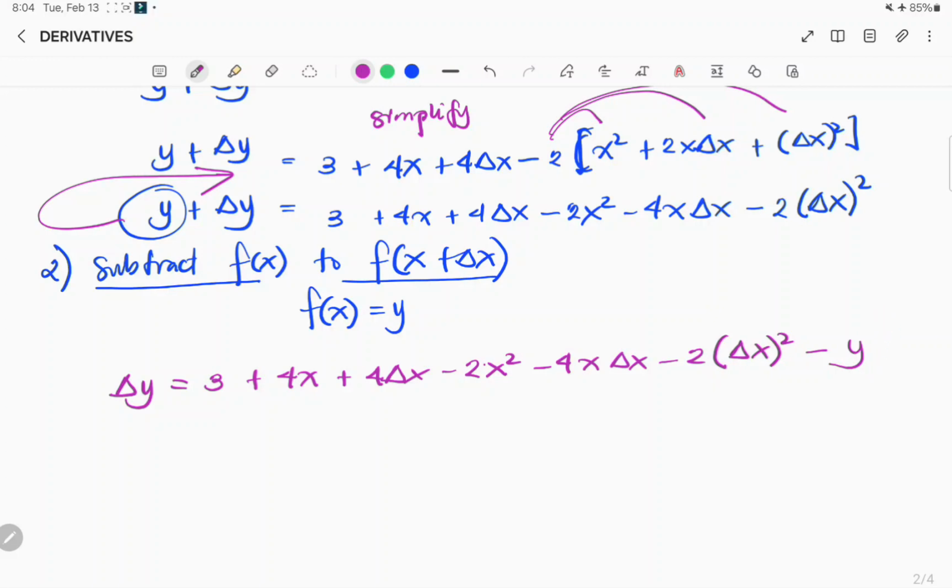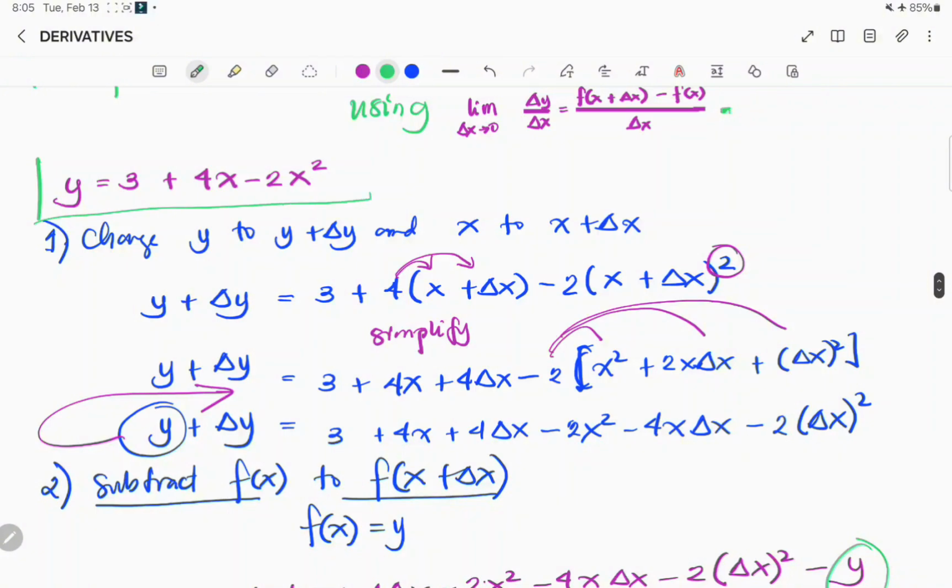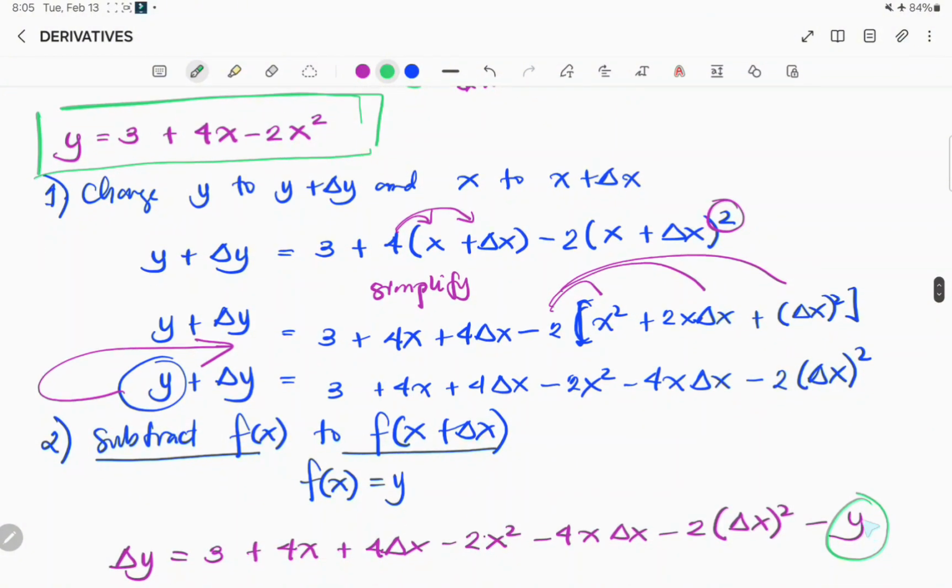We know that our y is equal to this function. So I can change this y to 3 plus 4x minus 2x squared. So let's rewrite it.